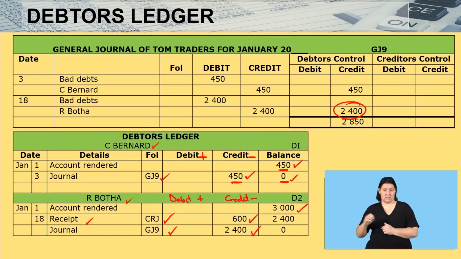The account then means you're saying 2,400 minus 2,400, you end up with nothing because the account is being written off. So when we come to our debtors ledger, these accounts now are on zero. The accounts have been written off.